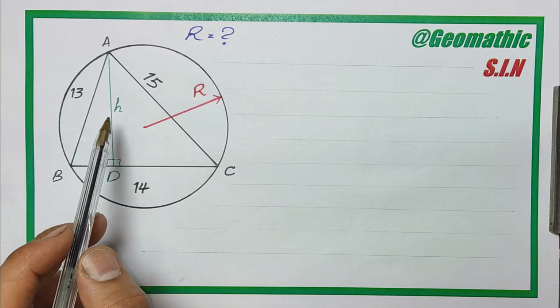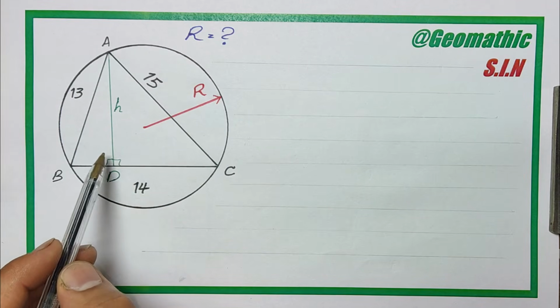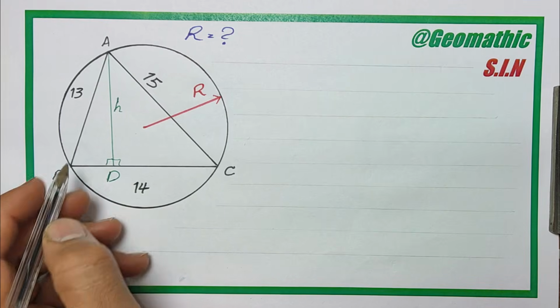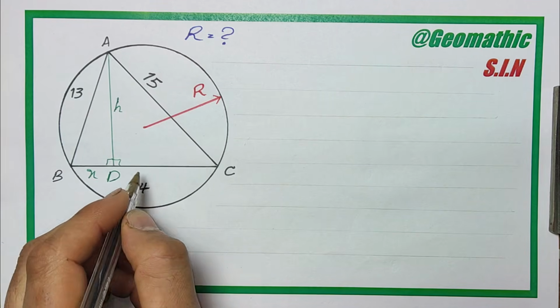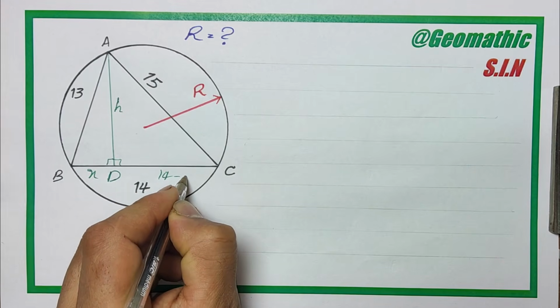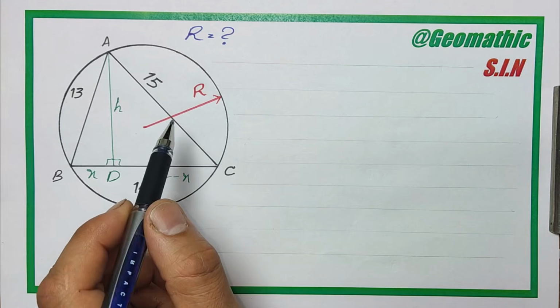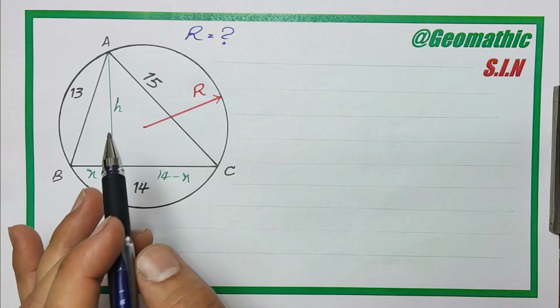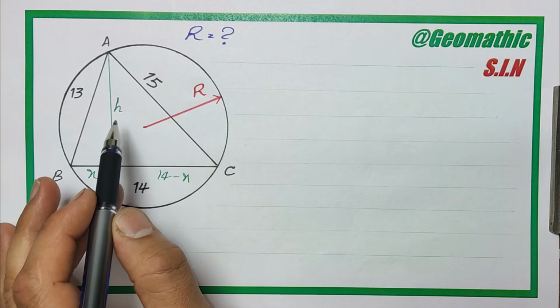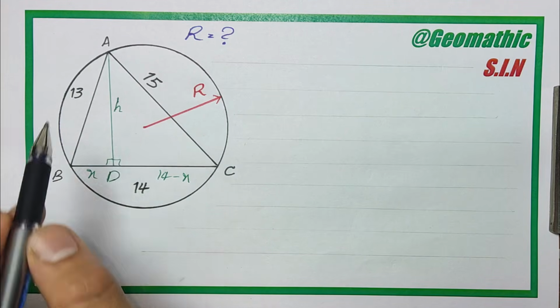The perpendicular we just drew divides it into two segments. If we call the shorter segment X, the longer segment will be 14 minus X.